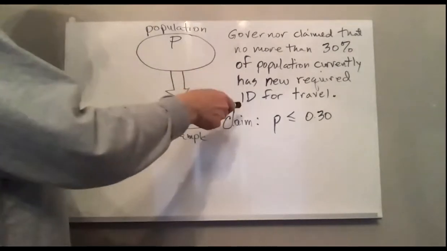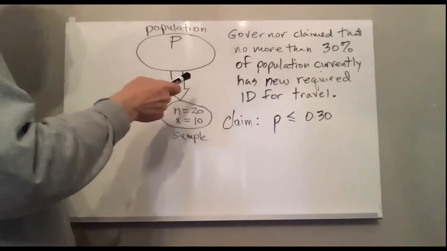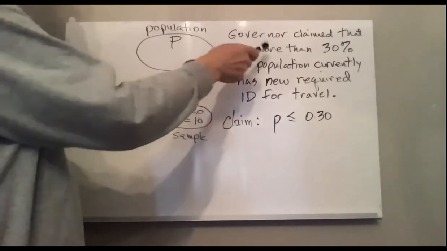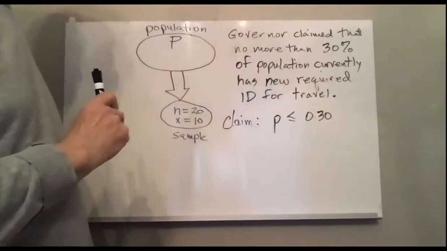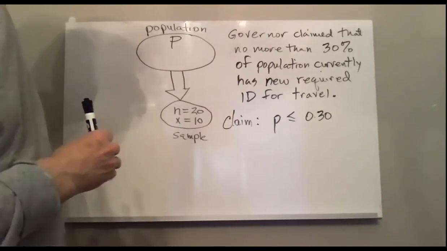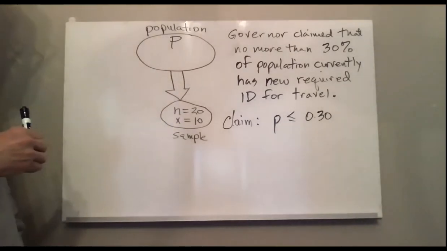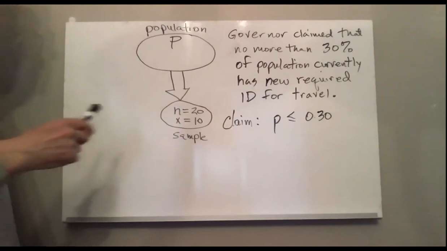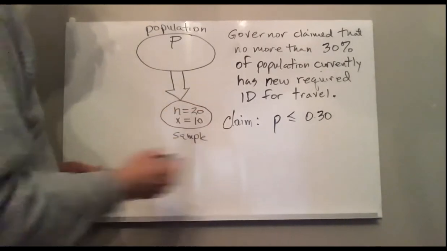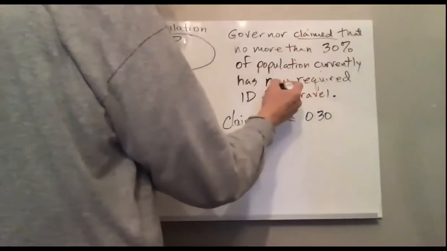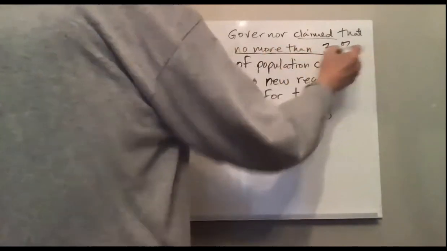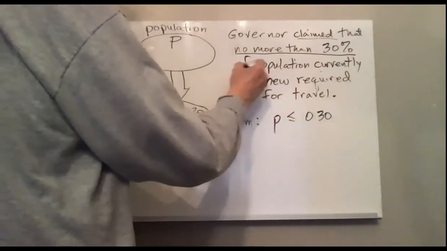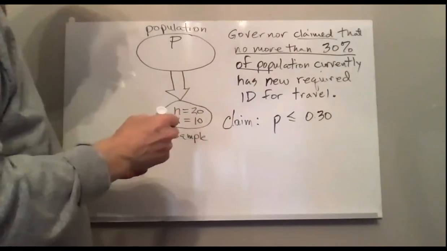So here's an example. The governor claims that in this population, no more than 30% of the population currently has the new required ID for travel. So he's making a claim here that no more than 30% of the population has the proper ID.